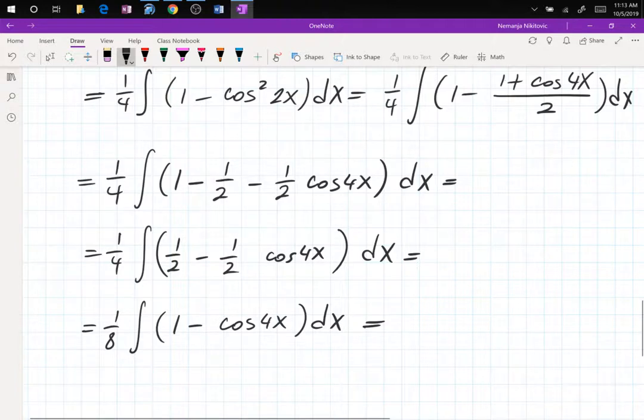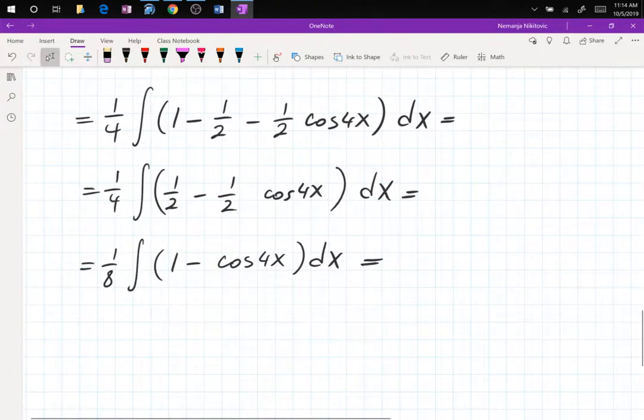And now you have basic integrals to deal with. So we had to convert the entire problem into this. We split the fraction over the plus there, but the minus will distribute to both terms. So we got -1 and minus cosine, and then a half for a 1 and a half for a cosine, and then 1 minus a half is a half, the other half stays as a half, and then you pull the half outside, and this is what we get.